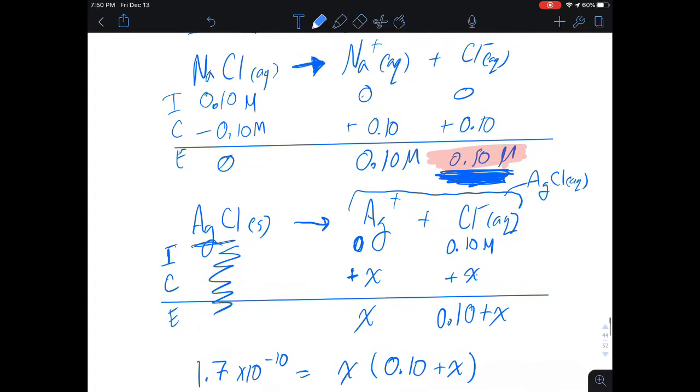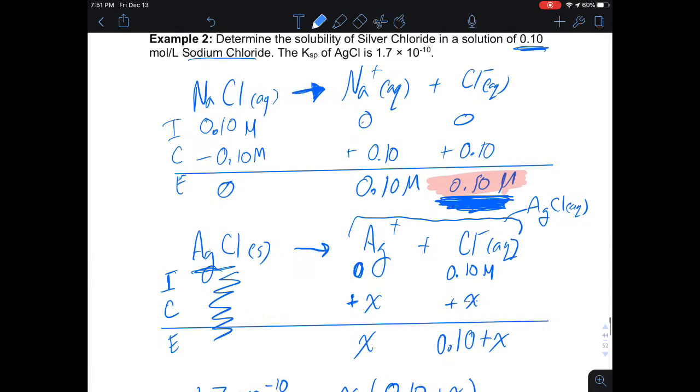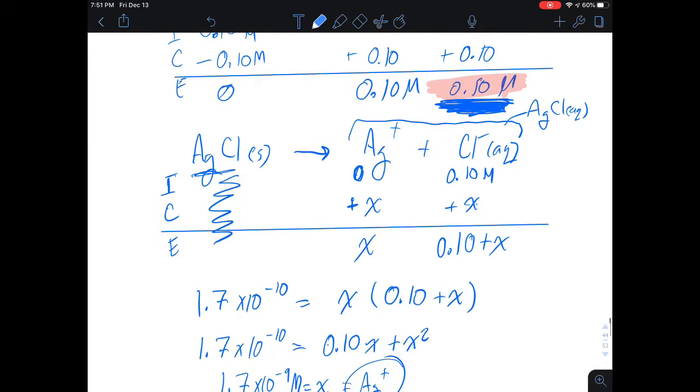Here's the important part, though: because sodium chloride has a very, very large K, a massive K, that's why we're getting all dissociation. That means that when we go to look at silver chloride, and we say, hey, I want to now put some silver chloride in this solution, we have to treat the chlorine concentration from the sodium chloride as the initial concentration of chlorine.